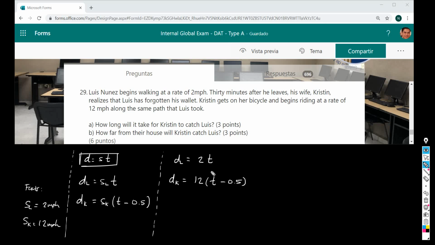So these are the respective equations, and basically, Christine catching Luis means that both have covered the same distance, and therefore I have to make this equal to this, because at the point Christine catches Luis, the distances covered are the same. So basically, I need to do this.